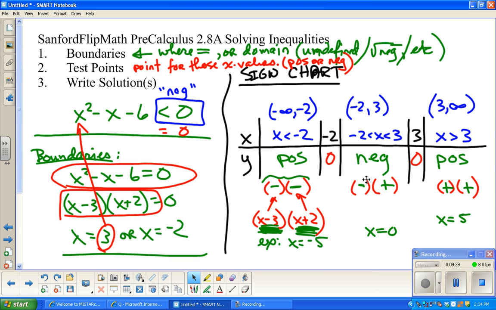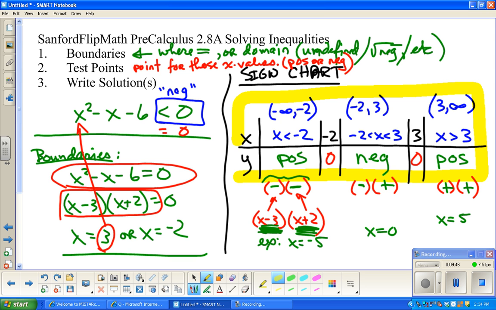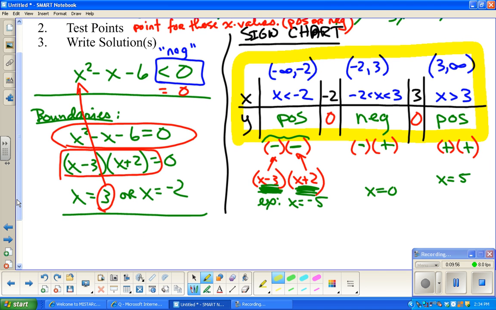What we've just done, this sign chart, is a bookkeeping tool to help us decide how to answer this question. What I just found was where this function is positive and negative. Based on that, I want to know where it is negative.